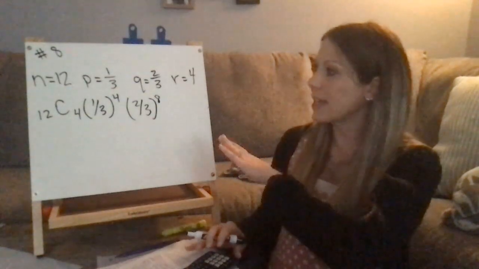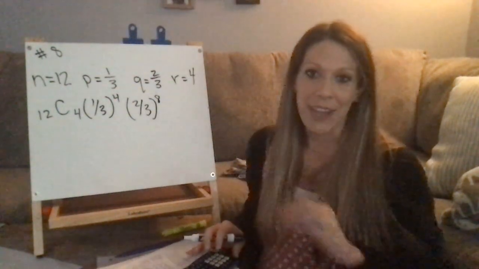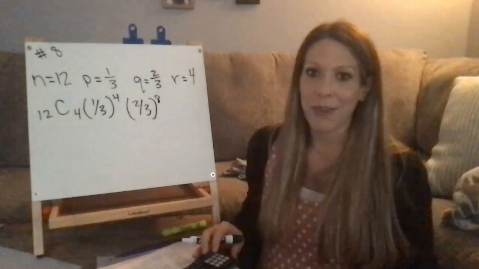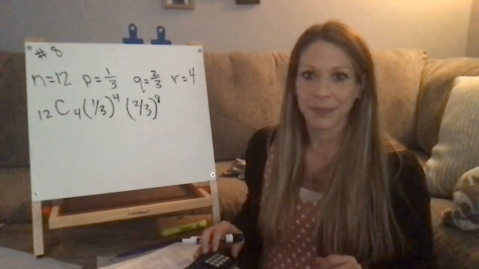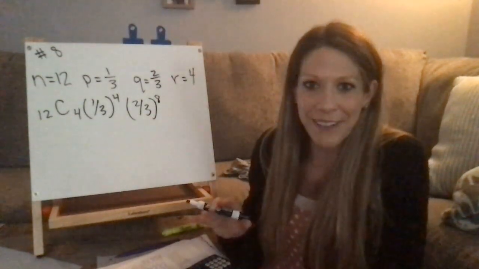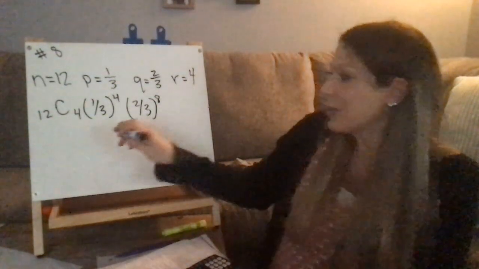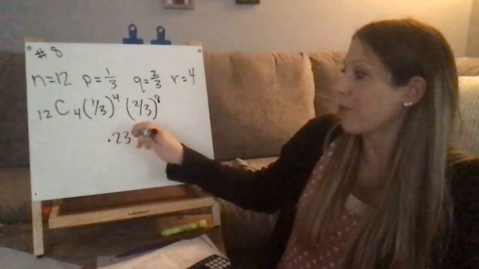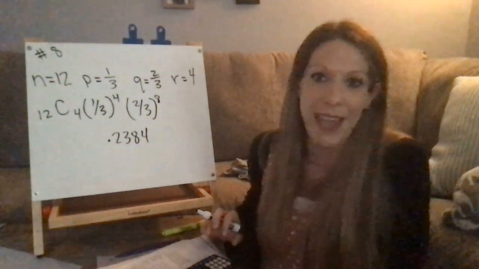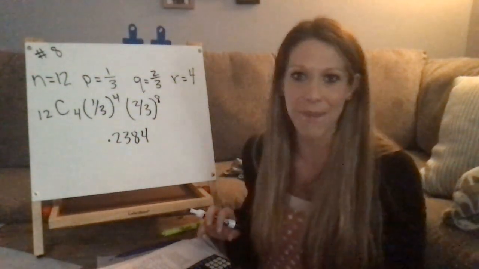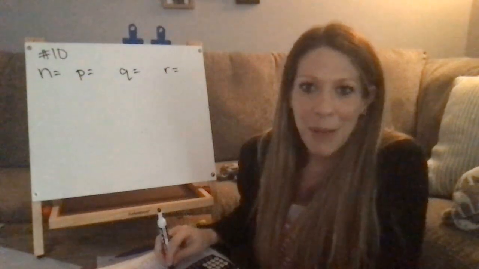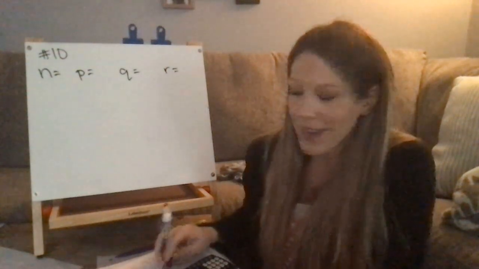So this is how we would set it up. I'm going to give you a second to type that into your calculator to see if you get the right answer. So pause the video. Your answer should be 0.2384-ish or 23.84% on number 8.